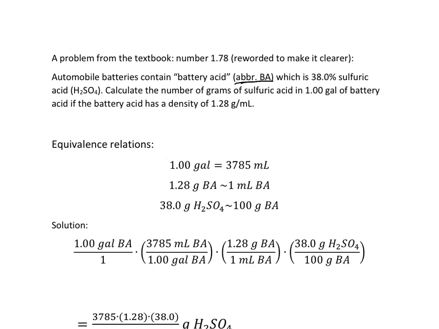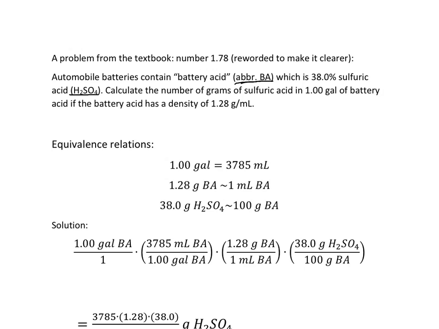And sulfuric acid I'm going to refer to in shorthand as H2SO4, because we're chemists, and we're going to learn that that's the chemical formula of sulfuric acid. And the problem is: calculate the number of grams of sulfuric acid in 1 gallon of battery acid if the battery acid has a density of 1.28 grams per milliliter.